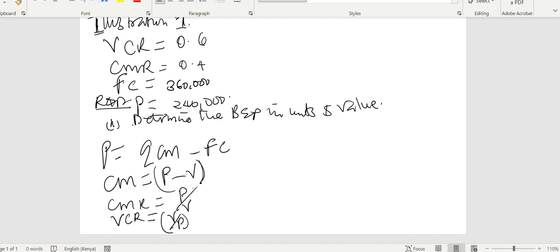The contribution margin is not the same as the contribution margin ratio. A ratio means you have divided. Margin is the difference.